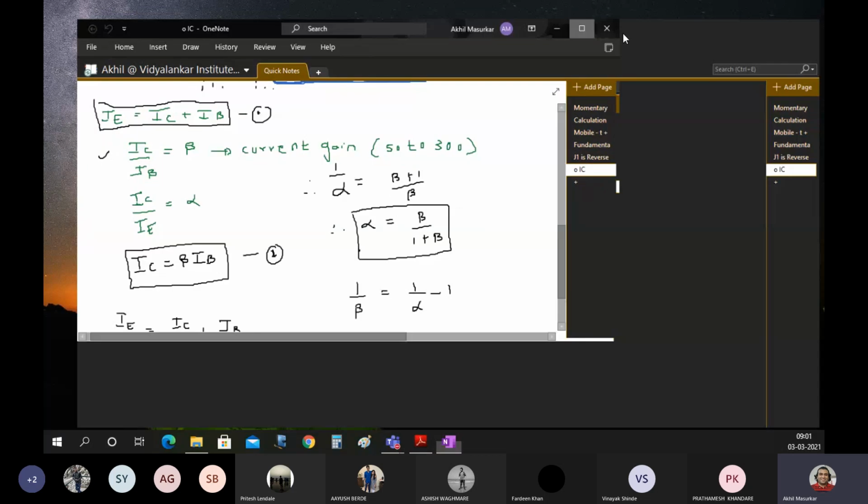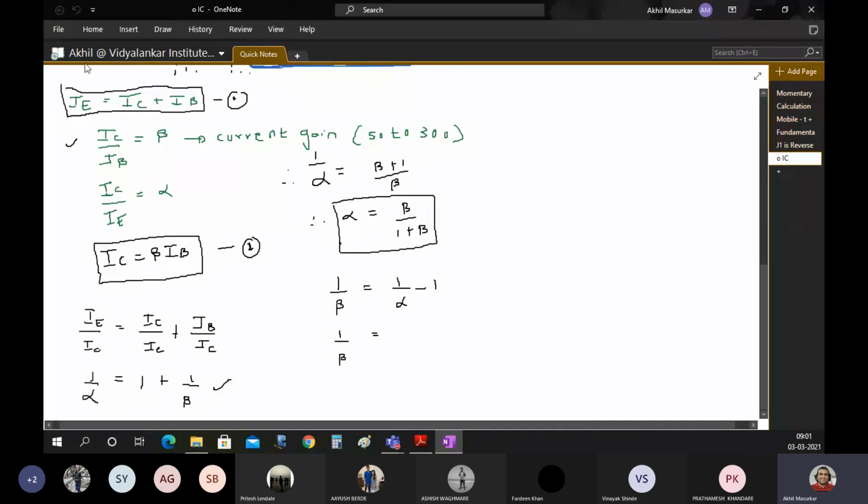So here we had 1 by beta is 1 minus alpha upon alpha. So beta is going to be alpha upon 1 minus alpha. And you can see from this equation that beta is very large, much greater than 1. So therefore alpha is almost equal to 1 but less than 1.